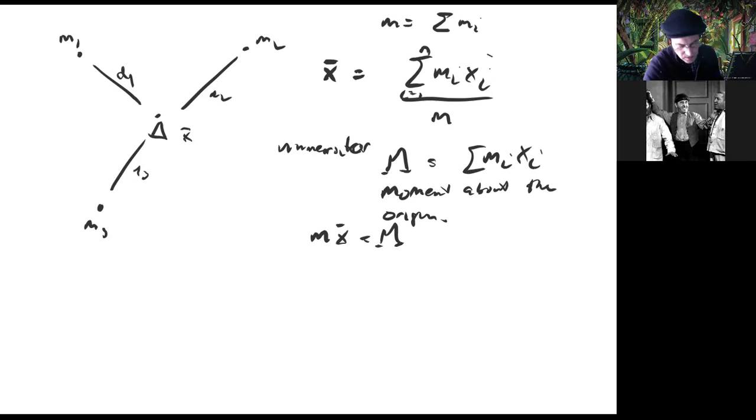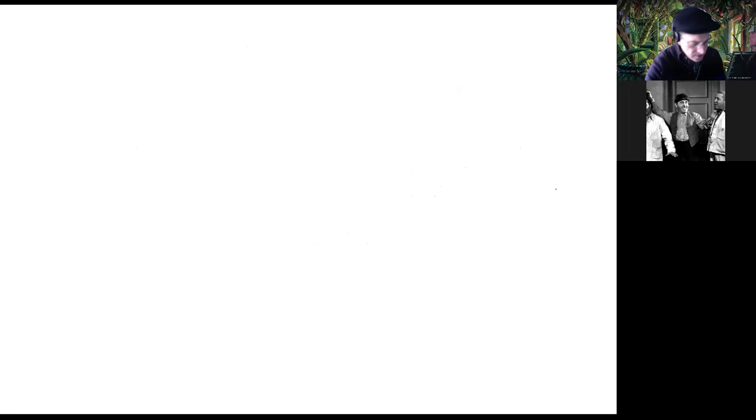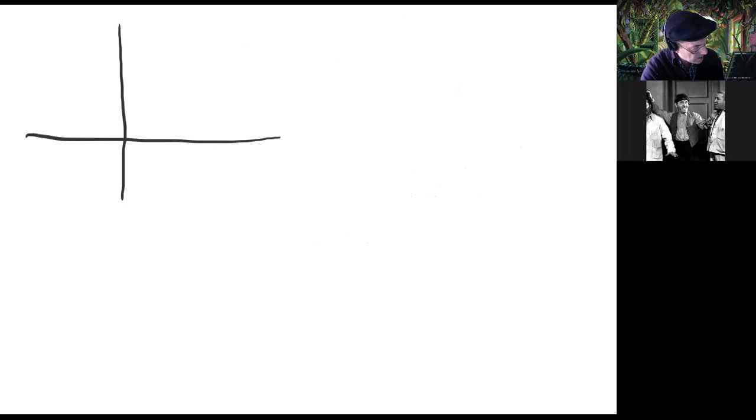Okay, so I'm going to generalize this now in one more way. Let me erase this picture. Now suppose I have everything superimposed on coordinates. So you have a point x1, y1, a point x2, y2, and maybe a point x3, y3.